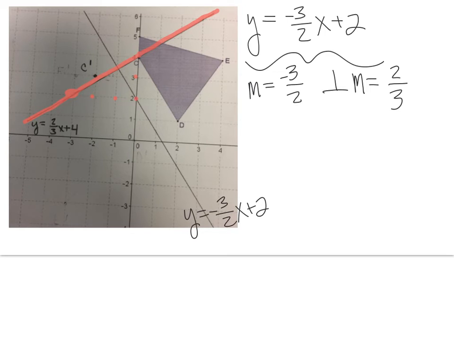Okay, this line is perpendicular to the line of reflection, and it is the line that C prime should be on. But as you can see, I've plotted C prime, and it's not on that line, correct? C prime should be on that line, but it is not. That is another reason that those points given to us, the image, are not a reflection of the image C, D, E, F.